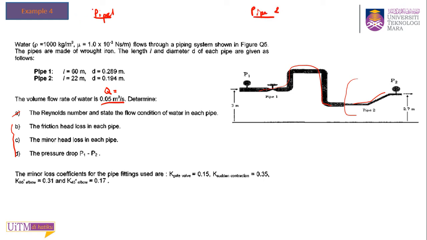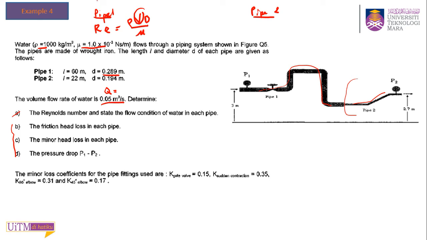Okay. So you need to use the same formula. Reynolds number equals rho times V times D over mu. You have the rho, you have the D, you have the mu. So you need to find the velocity.